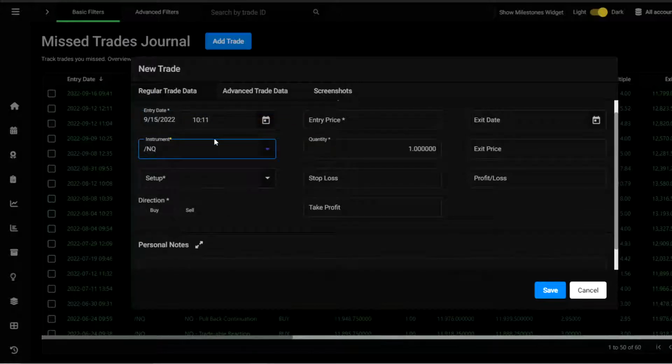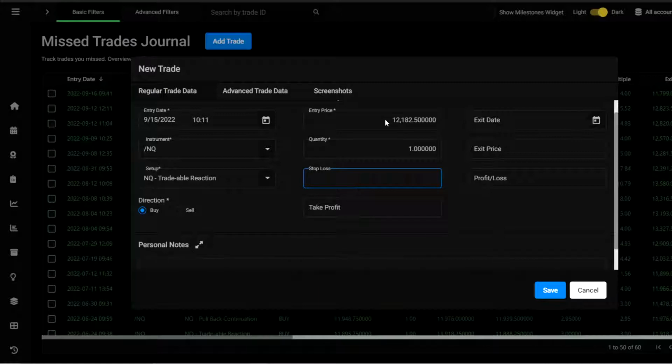And we can do the NQ, and the setup is a tradable reaction, NQ tradable reaction. If I would have gotten the first one, it is the pullback continuation, the first pullback, right? Tradable reaction to buy. Entry price is 12,182.5. Let's say one contract standard.